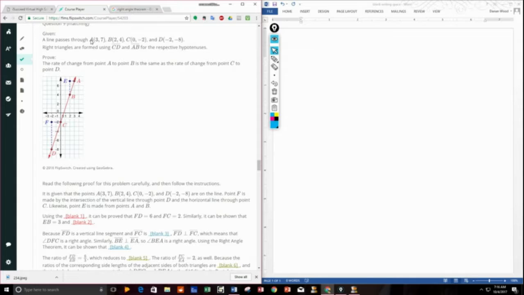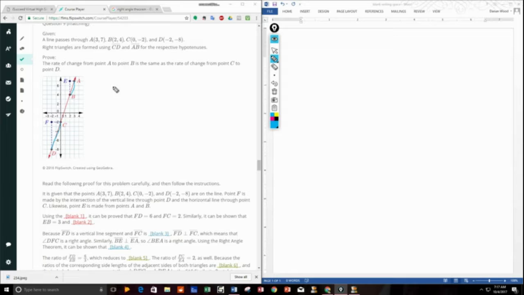So a line passes through A 3, 7, B 2, 4, C 0, -2, and D -2, -8. Right triangles are formed using CD and AB for respective hypotenuses. That's what they're talking about, hypotenuse. Prove the rate of change from point A to point B is the same as the rate of change from point C to point D.